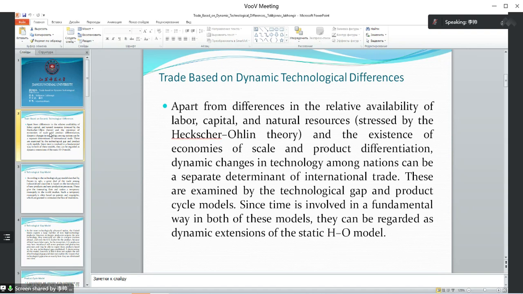These are examined by the technological gap and product cycle models. Since time is involved in a fundamental way in both of these models, they can be regarded as a dynamic extension of the static HO model.